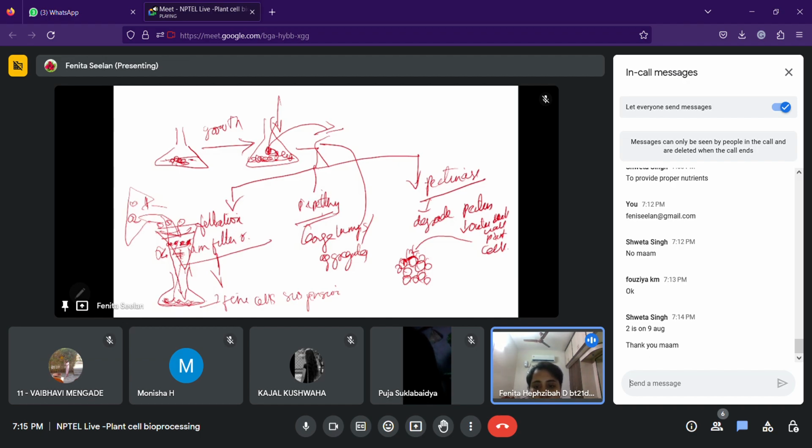Second question, is there any other enzyme available to make fine cell suspension? Don't think about it as an assignment. This is for you guys to brush up on your thoughts about this particular topic, because nobody was answering.